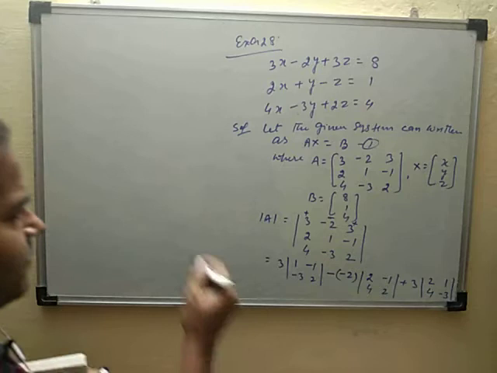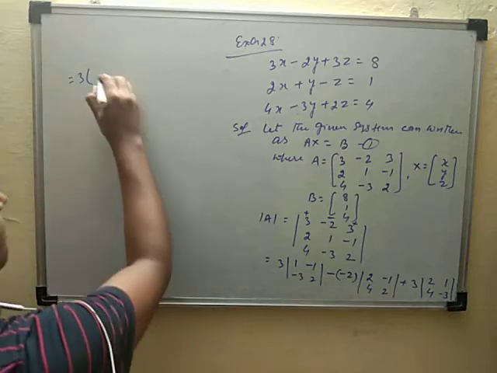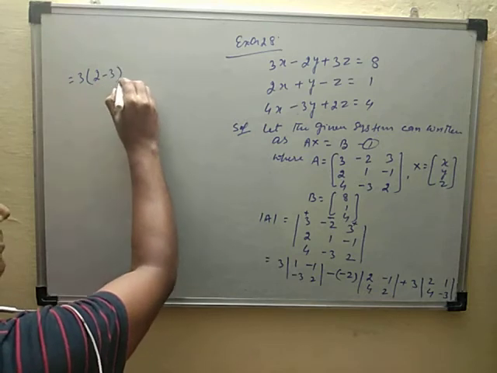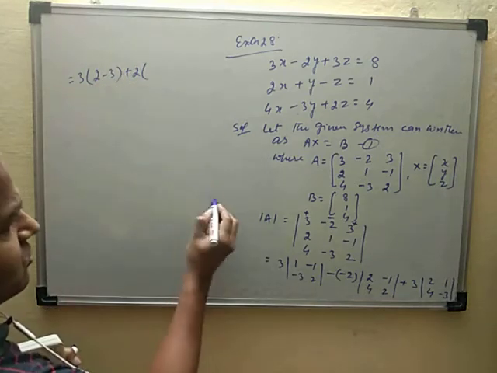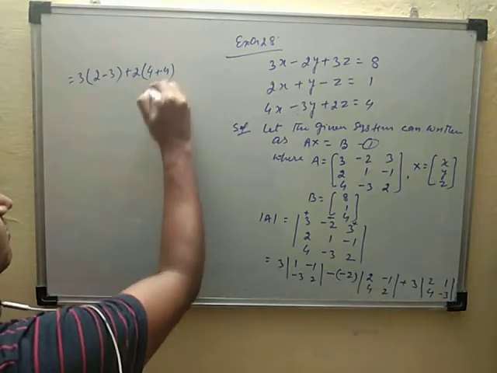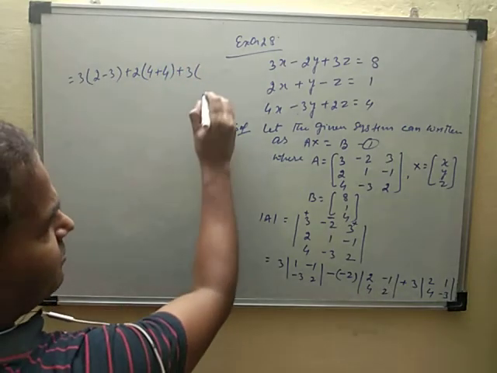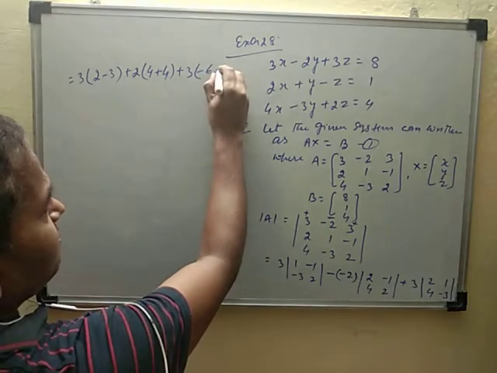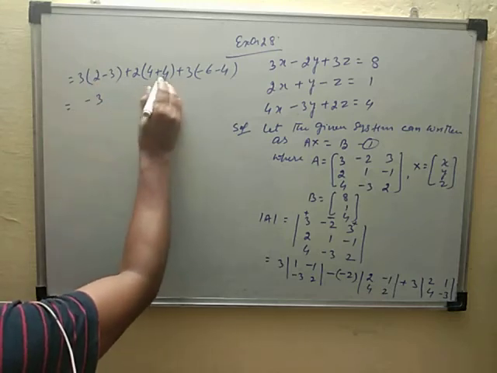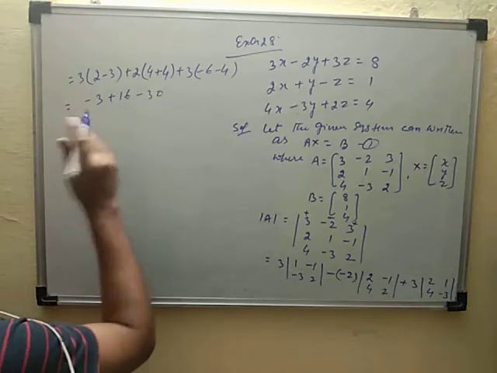Now simplify. So this is equal to 3 into cross multiply: 2 minus 3, minus 1 plus 3. So 2 minus 3, then minus minus plus 2, that is minus 4, minus minus plus. Next plus 3 into minus 6 minus 4, this is minus 10, so minus 30.